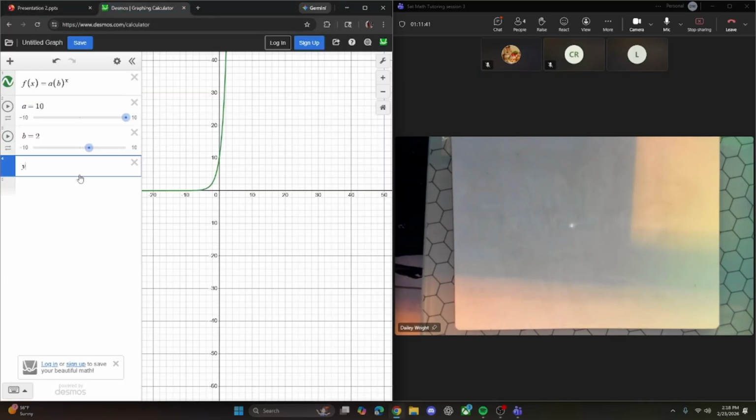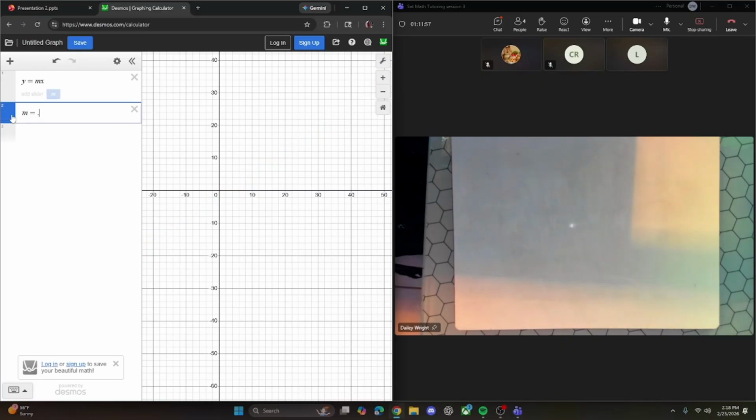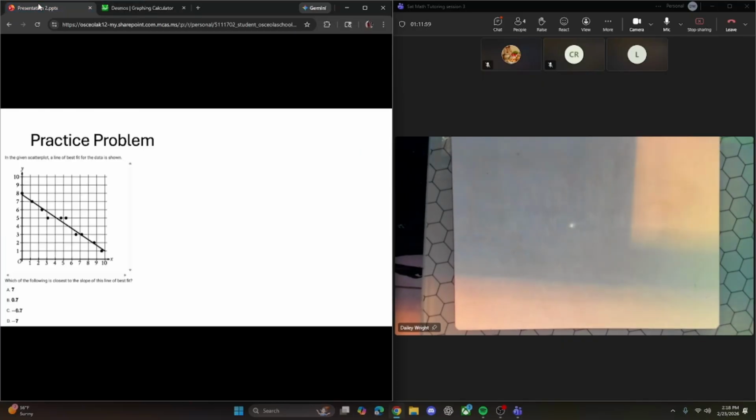Y equals mx plus b is our slope equation. Let's just say our y-intercept is 0, so we just have mx. If our slope is equal to 0.7, it's going to be increasing. If our slope is equal to 7, it's also going to be increasing. So it can't be A or B.